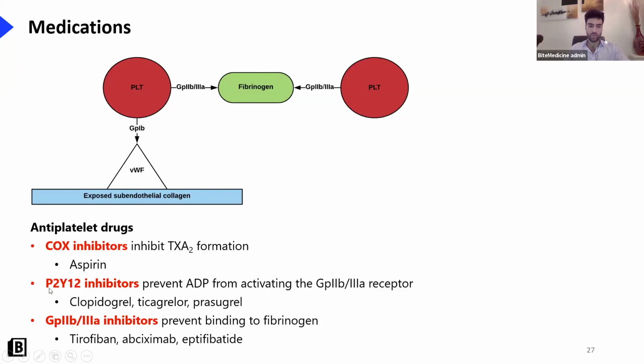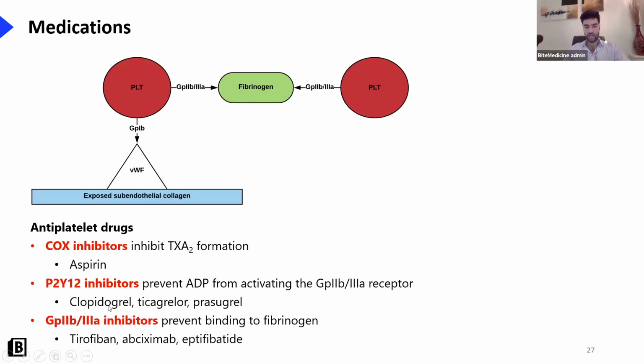You have these things called P2Y12 inhibitors. I don't know who names this stuff, but basically this prevents ADP from activating the GP2B3A receptor. What normally happens is ADP binds this receptor on platelets called P2Y12. By binding this receptor, you eventually get activation of the GP2B3A receptor and then binding to fibrinogen.